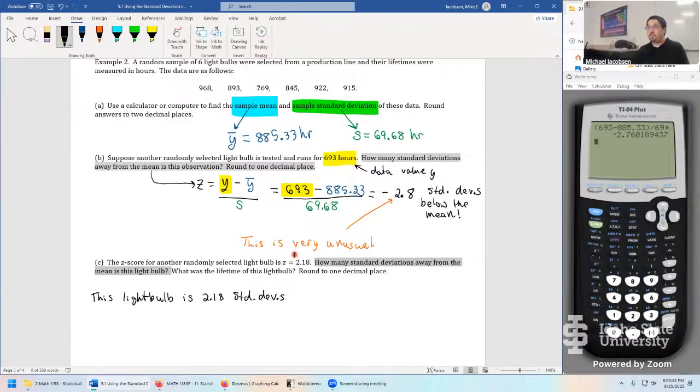That would be full credit for this kind of answer. This would maybe be part D to make it a separate problem. But let's say above the mean. Just as a reminder, if the z-score is positive, that means it's larger than 885.33 in its runtime. It's also pretty unusual at 2.18, but I wouldn't say very unusual, maybe somewhat unusual for an observation.